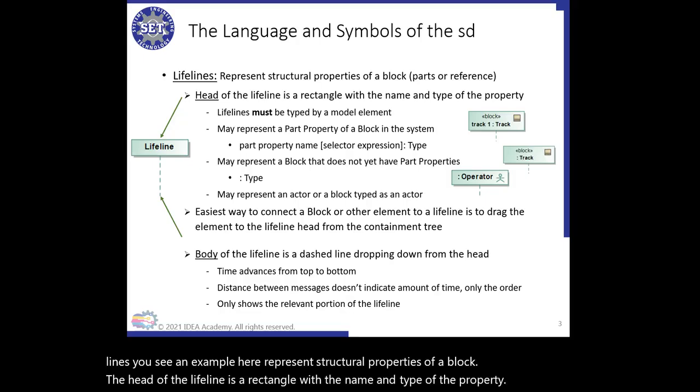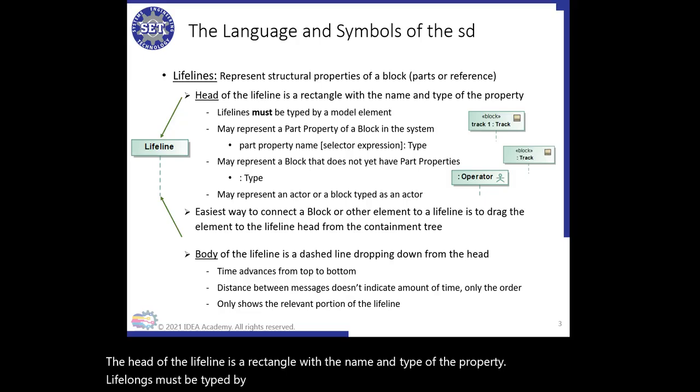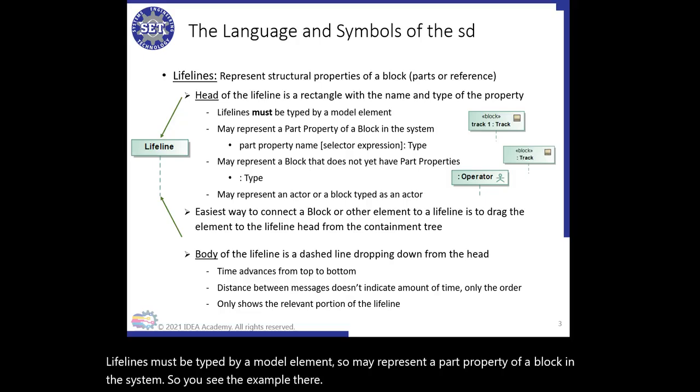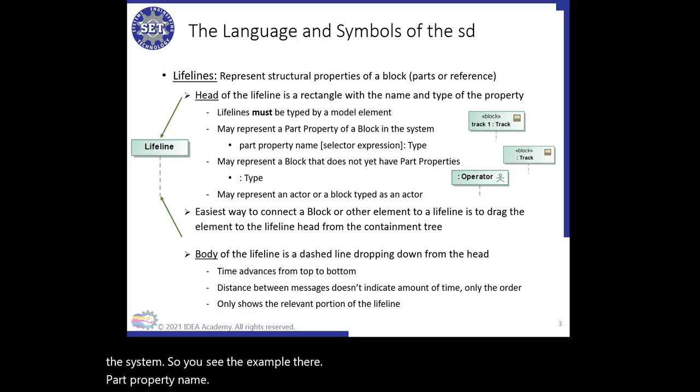Lifelines must be typed by a model element, so they may represent a part property of a block in the system. You see the example there: part property name and type.